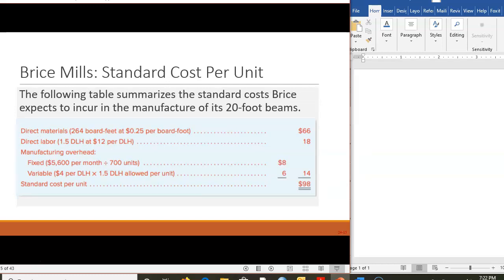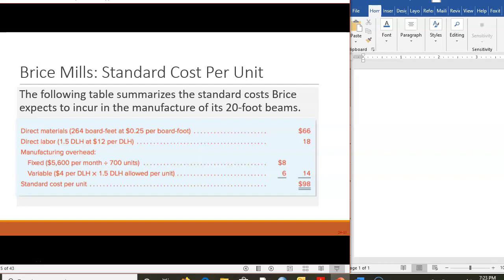So our overhead cost is applied at $14 per unit, or per beam. In this example, we show that we have standard costs for each of these 20-foot beams. Each beam is 264 board feet at 25 cents per board foot, so our direct material standard cost is $66.